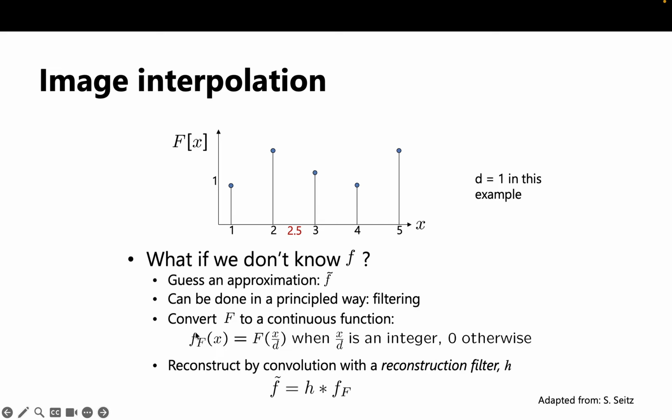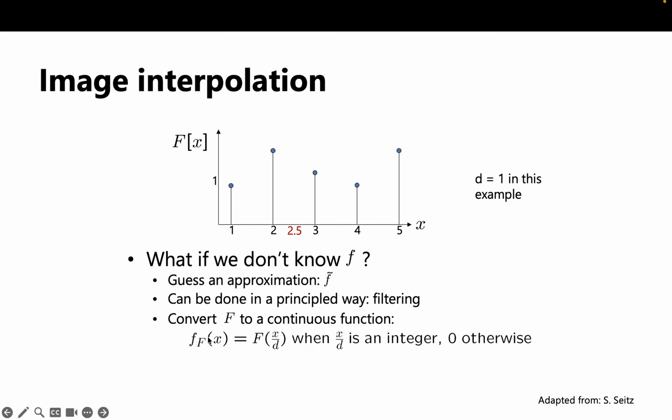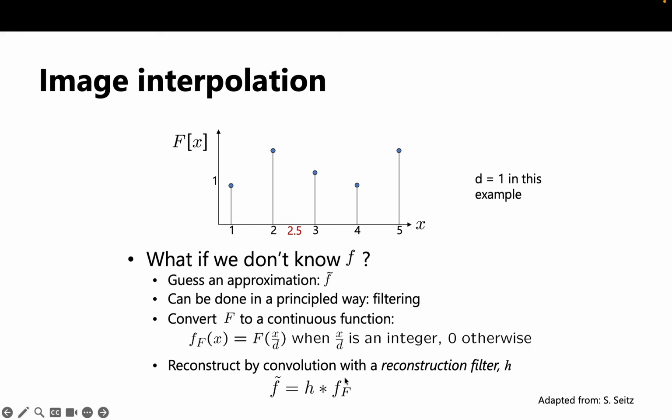So f is the image generated. Then you apply a filter on your original image, so we reconstruct by convolution with a reconstruction filter, and then you will have a new image. This is how we can assemble the image. F bar is your new image, and this is your original image.